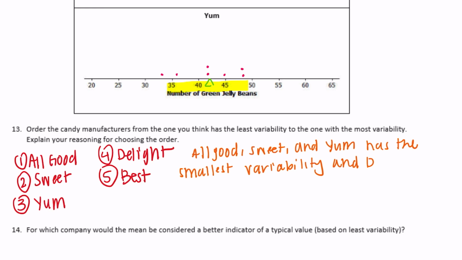And Delight and Best are much more spread out.